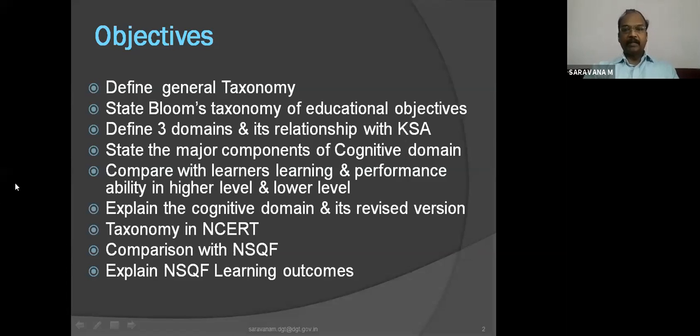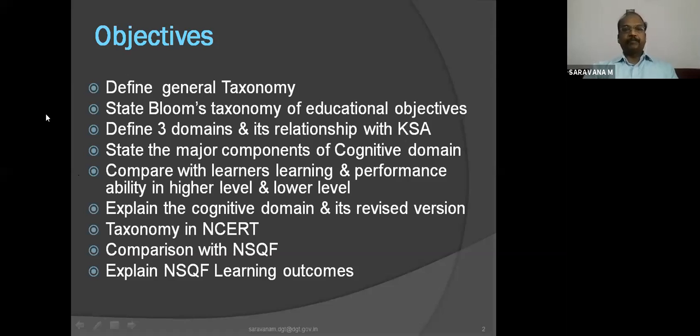Explain the cognitive domain and its revised version. Then taxonomy in NCERT, National Council for Educational Research and Training. Then comparison with NSQF, the National Skill Qualification Framework. Then explain NSQF learning outcomes. So these are the main intended outcomes, that is the learning outcomes after completing this session.